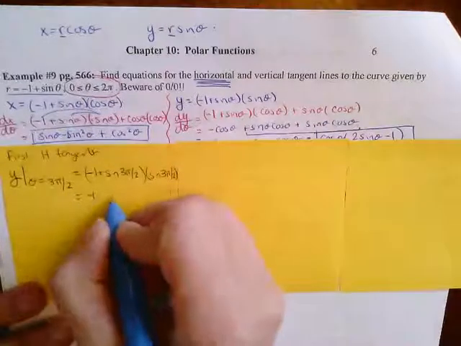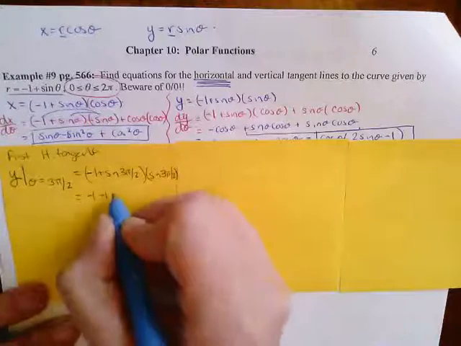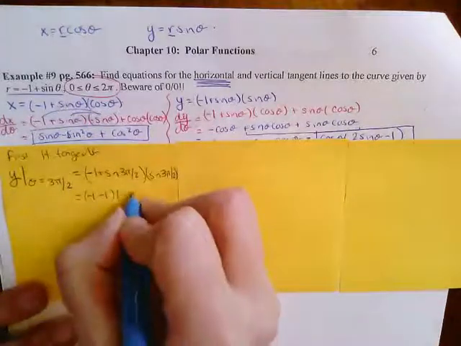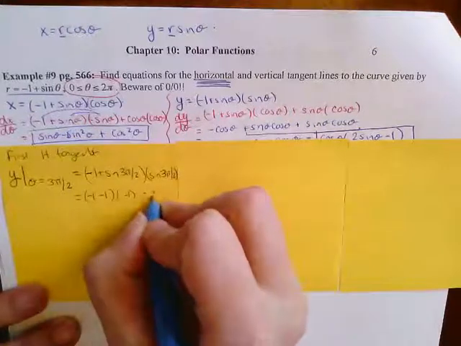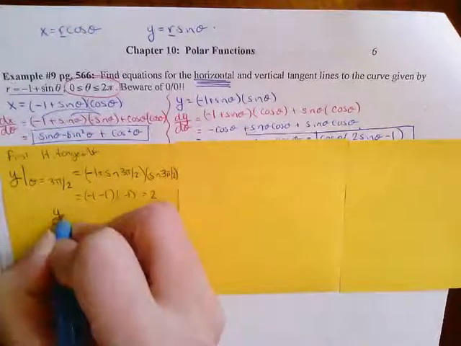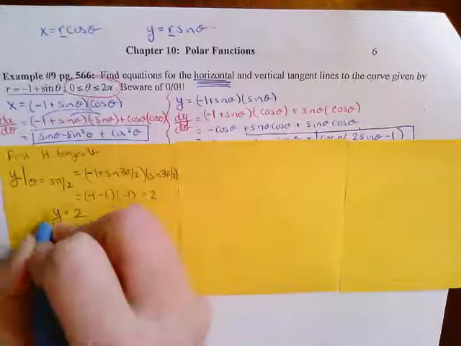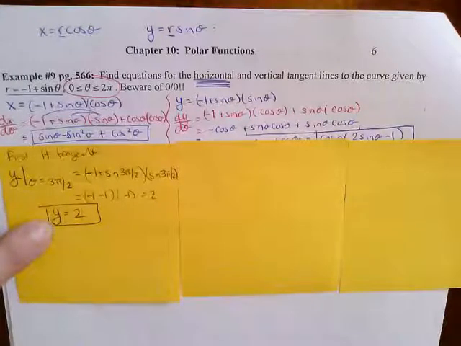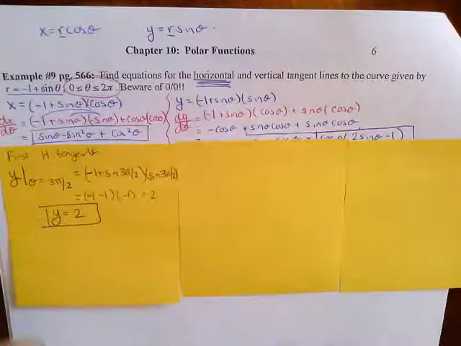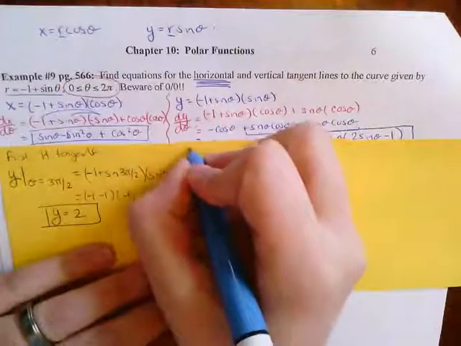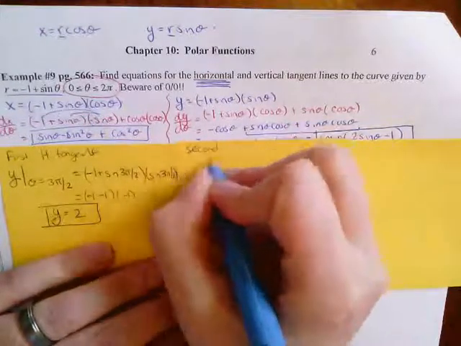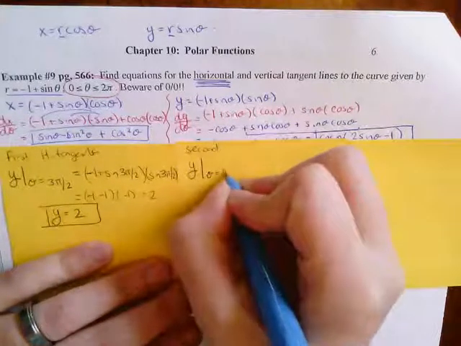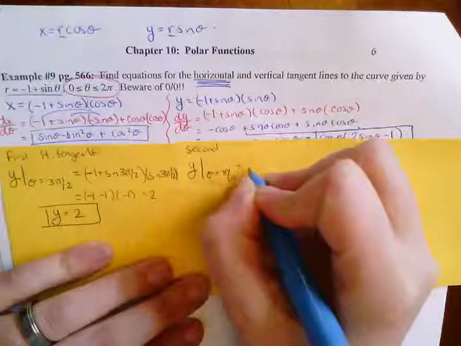So we got -1 minus 1 times -1, which is 2. So my first equation is y equals 2. So I have a horizontal tangent at y equals 2. Next, the second, is y when theta is pi over 6. Same thing.